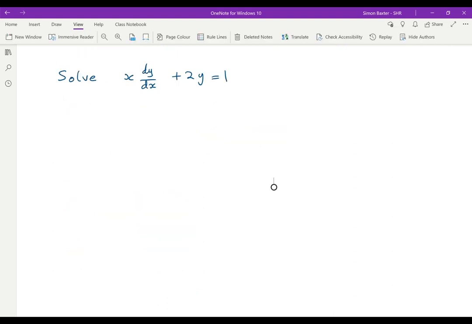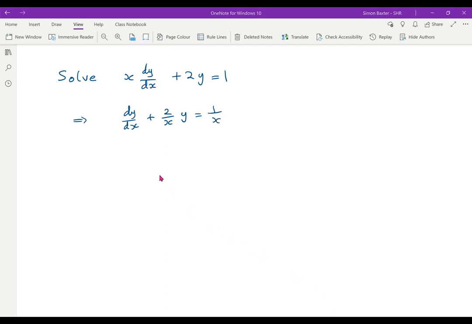Let's look at this example. The first thing to remember is that we must have dy by dx on its own. So if we divide everywhere through by x, we get dy by dx plus 2 over x times y is equal to 1 over x.